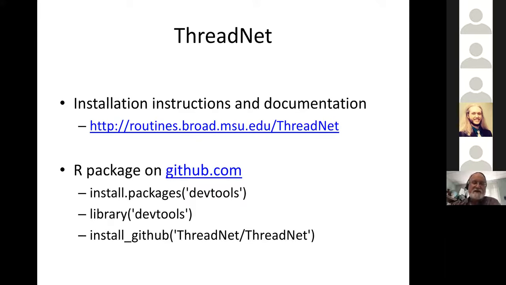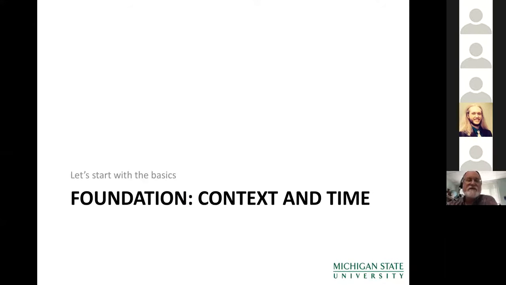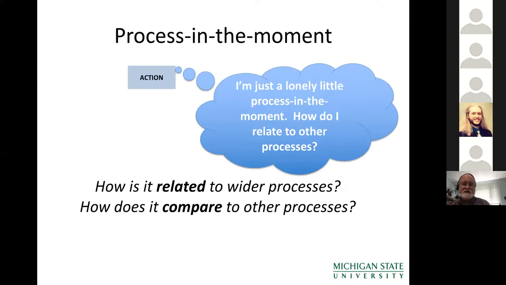So let me give you, real quickly, the basics about this. When you're looking at action patterns, you need to think about the context of the action and time. These are the basic ideas that I'm wrestling with. If you think about any one action, it's just sitting there by itself.